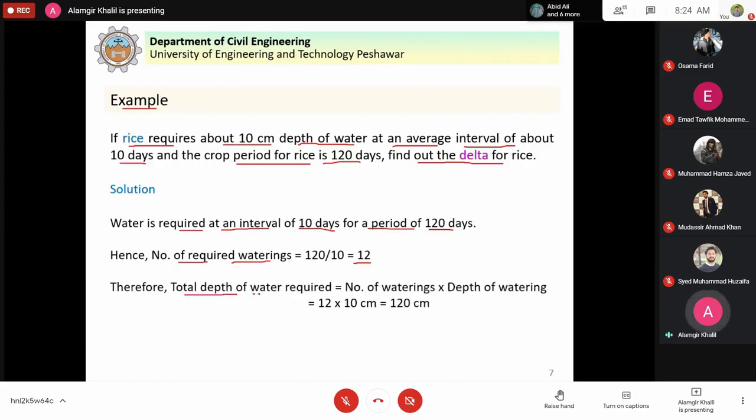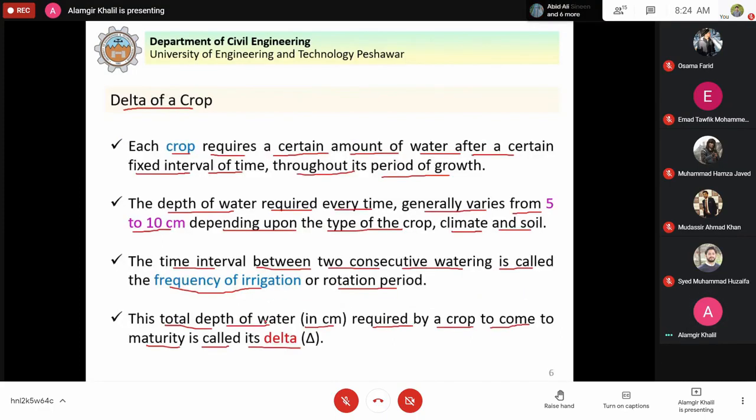Therefore, total depth of water required is equal to number of waterings multiplied by depth of each watering. So that is 12 multiplied by 10, 120 centimeter. Hence, delta for rice is 120 centimeter. This is the total depth of water that is required by the rice to come to maturity.